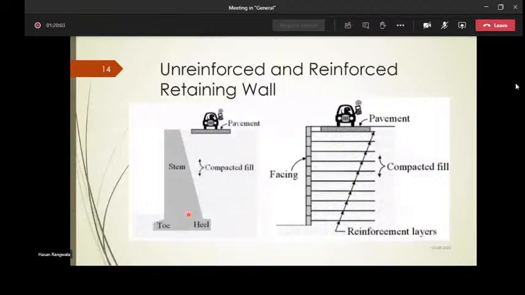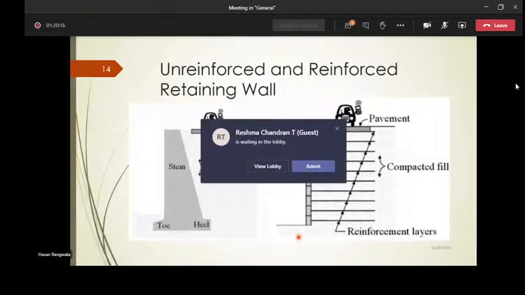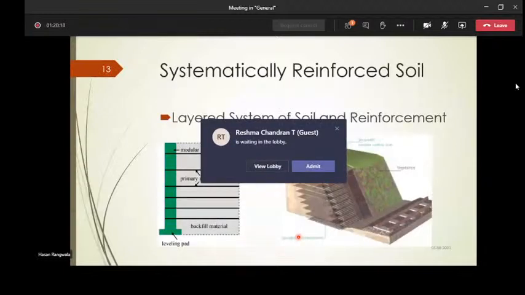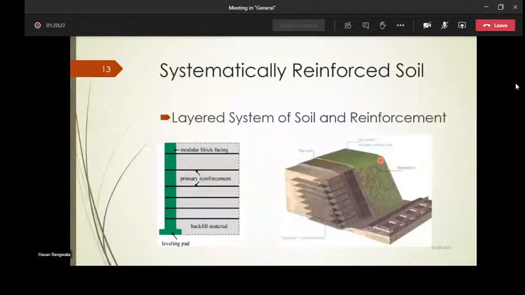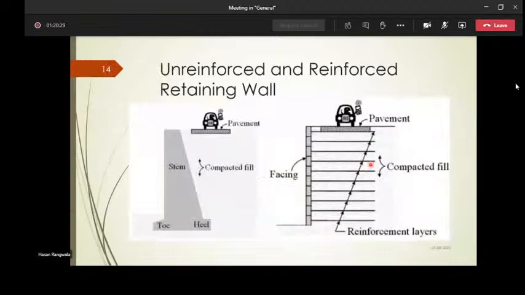You can also put some vegetation, and if it is on a slope, that slope would also be stabilized naturally, as shown in the last slide where vegetation can be there. Okay, so this is about the systematically reinforced system.